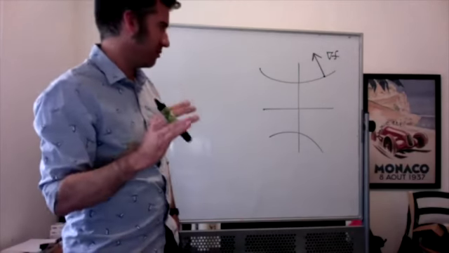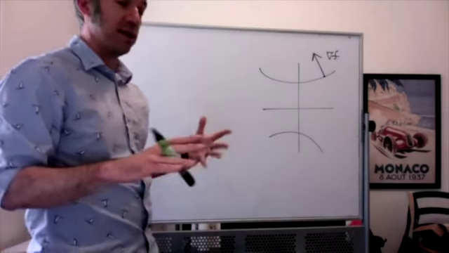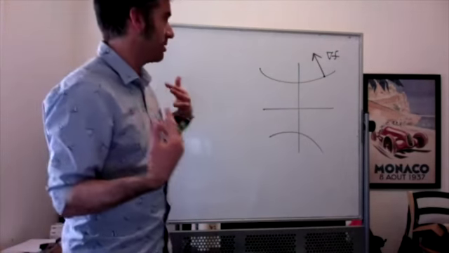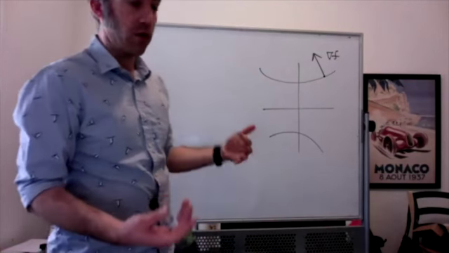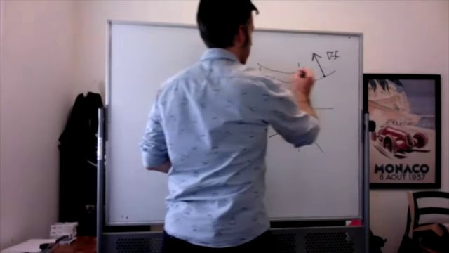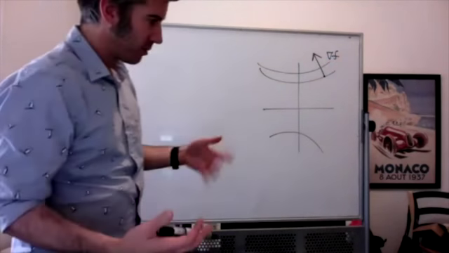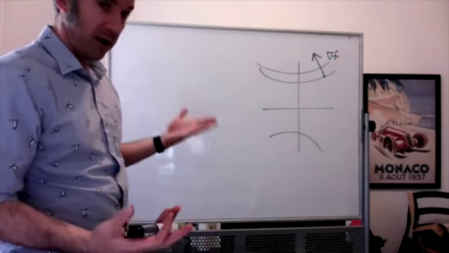Sorry, the words are failing me here. But the thing I'm trying to say in the longest way possible is that the gradient is perpendicular to the level curve. If your level curves are like your topographical map, right?